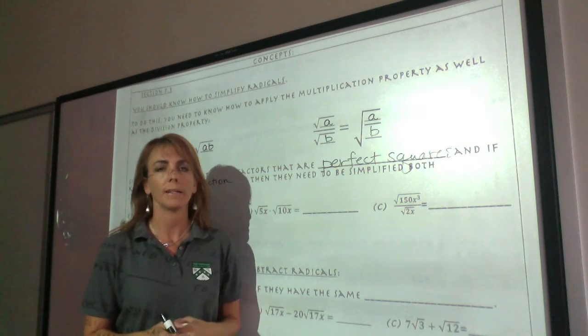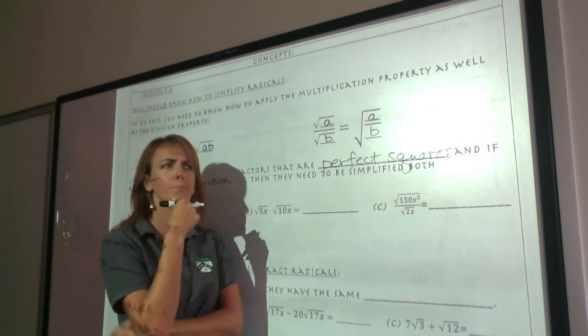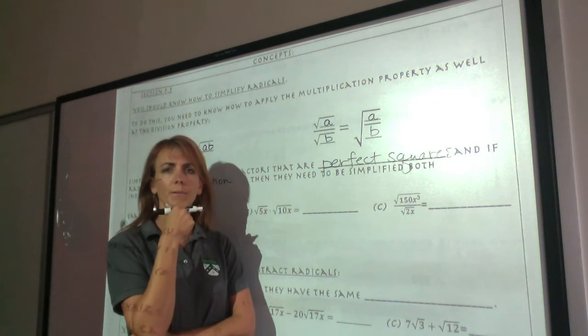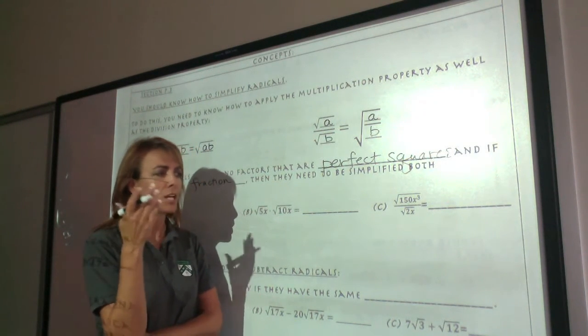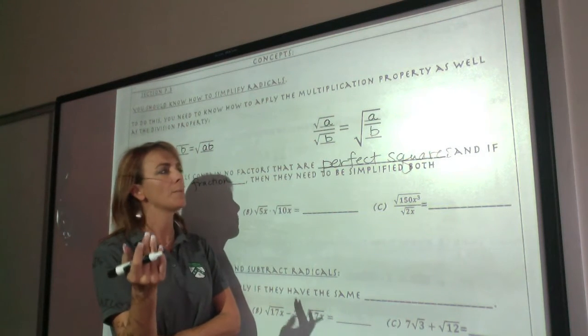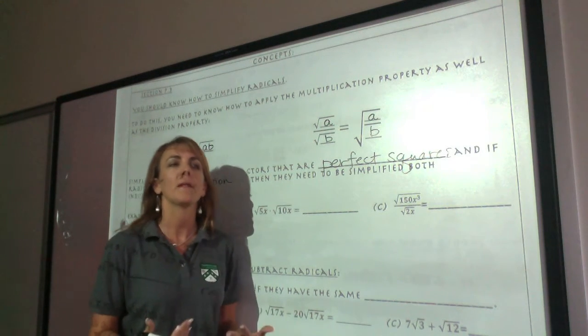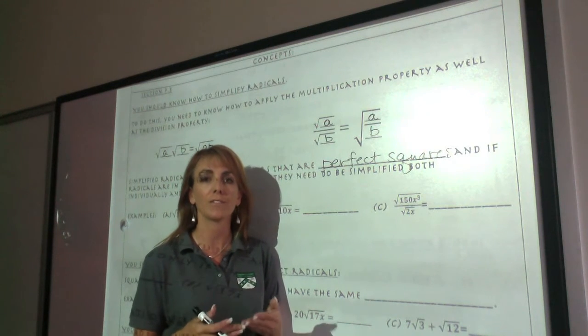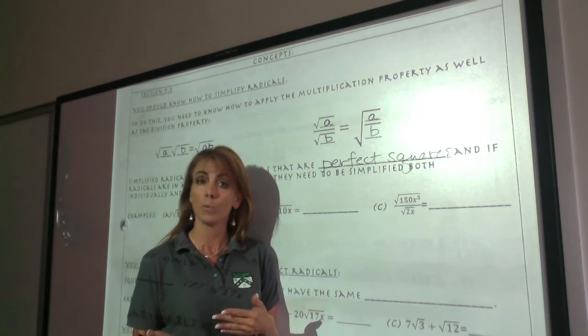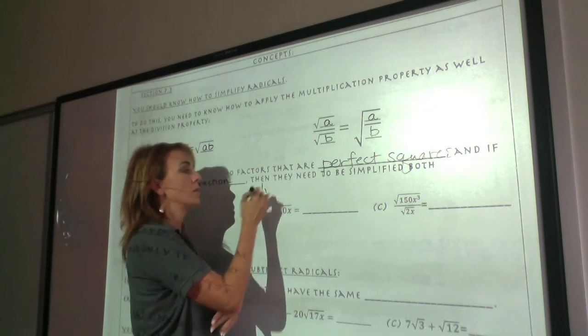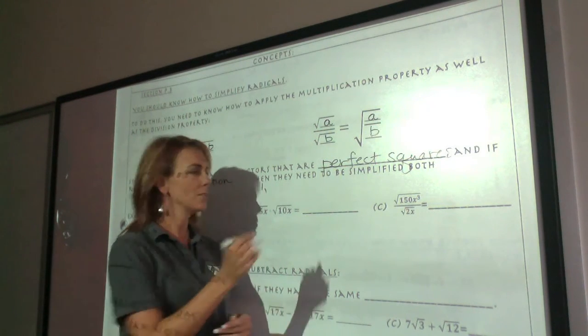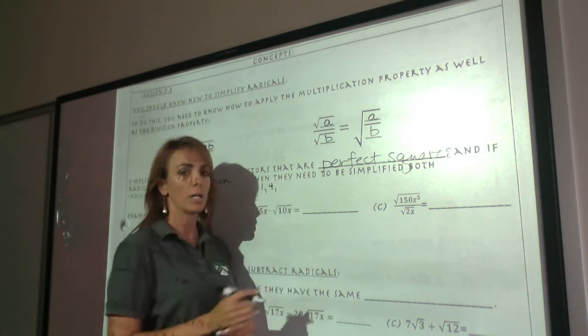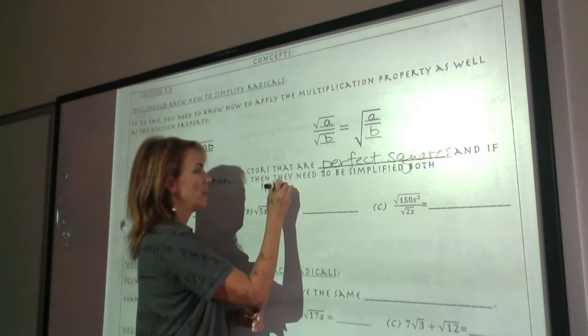Now, one might ask themselves, I wonder what a perfect square is. You know this, but perhaps you don't know the terminology. A number that's a perfect square is just a number that can be attained by multiplying a number by itself, like 1 times 1, or 2 times 2. What's 2 times 2? That's 4, right? Or 3 times 3.